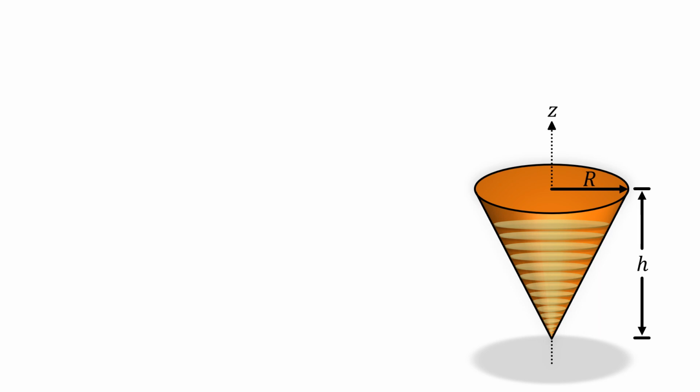And we can take this idea a little bit further using calculus, where we can craft an integral of a bunch of infinitely small moments of inertia of those disks and sum it from the bottom of the cone all the way up to the top, and the result of that integral will be equal to the moment of inertia of the whole cone. So hopefully it's clear what we're trying to do here.